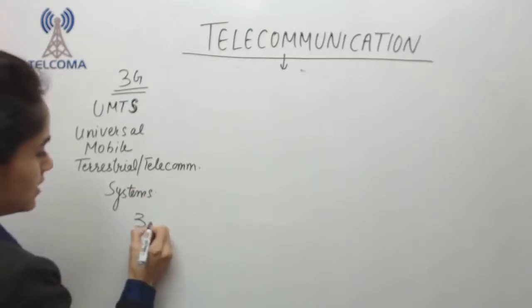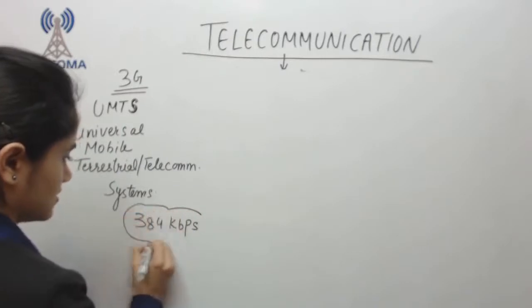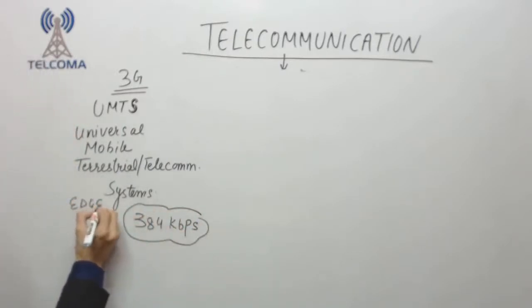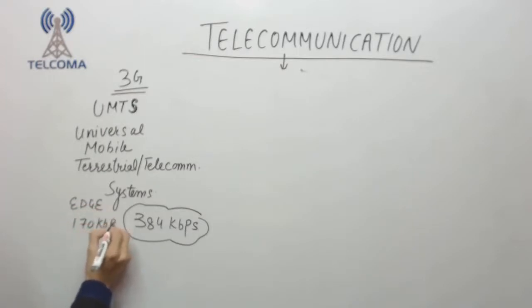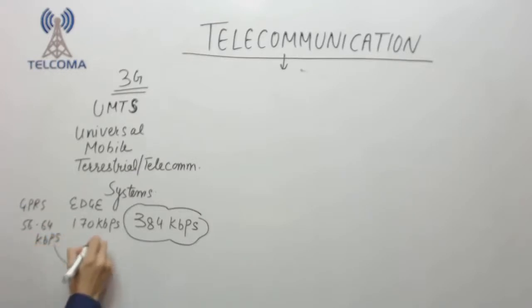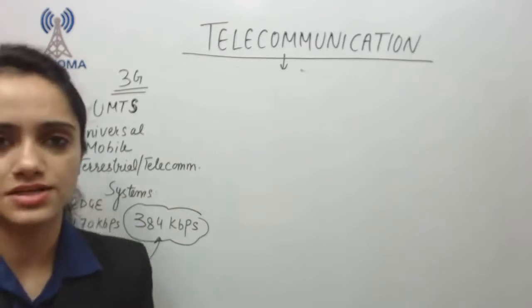UMTS gives us a data rate of 384 kbps, whereas earlier for Edge we have around 170 kbps, and for GPRS we have 56 to 64 kbps. That means now we can see that there is an increase in data rate, which we require in our new generations.